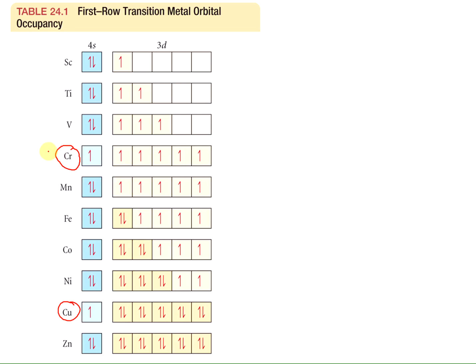Now if we're looking at the electron configuration for chromium plus, it would be argon 4s0, because we remove an electron from the s orbital first, and then we would remove it from the d, but we don't need to remove any more, so it'd be 3d5.